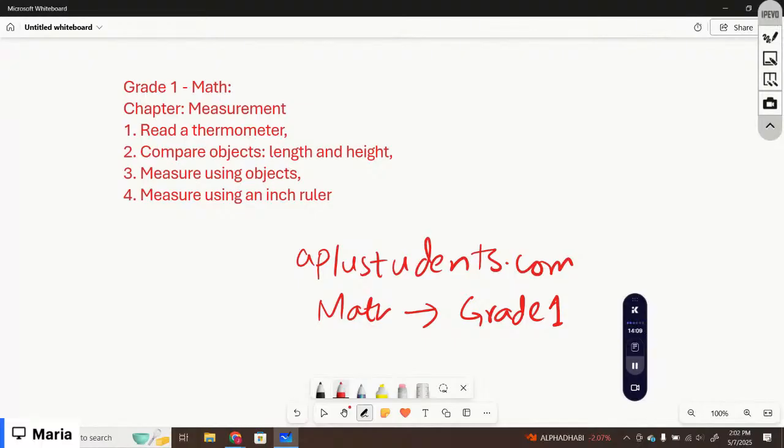We're going to start with the chapter measurement. The lessons we're going to cover today are thermometer, read a thermometer, compare objects length and height by using objects, using an inch ruler.